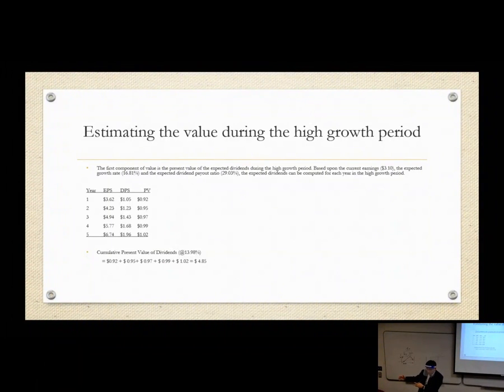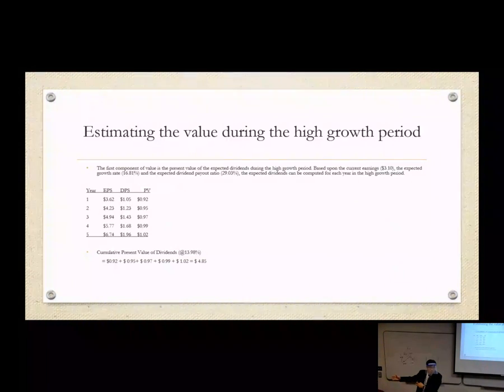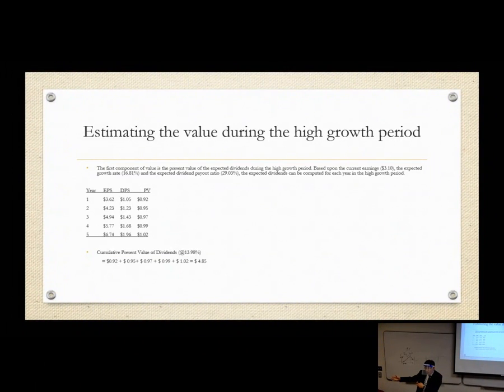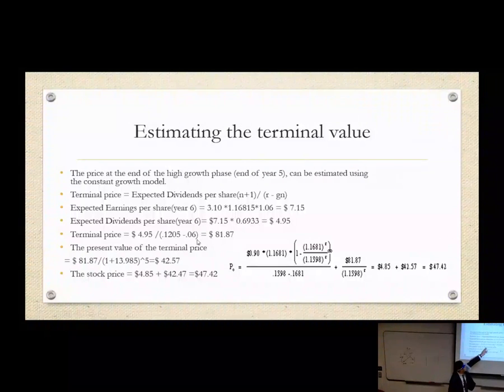But in the future, in that stable growth time period, it's supposed to be more stable. Therefore, beta is supposed to be lower. So we take that into consideration. So when you do terminal value estimation, this discount rate is different. It should be lower, reflecting lower beta and the lower risk of the company.